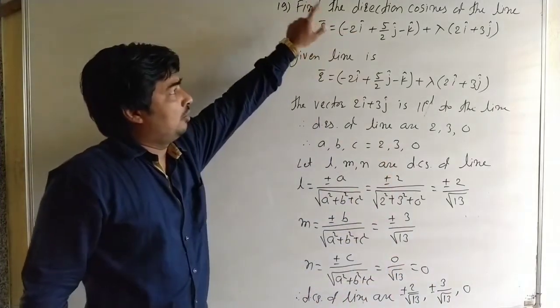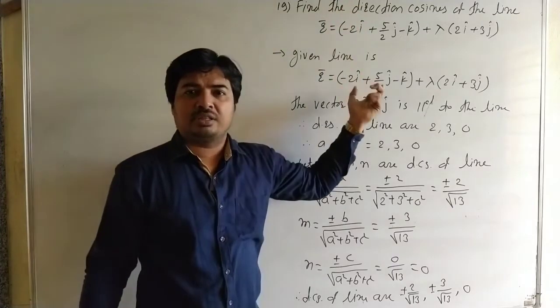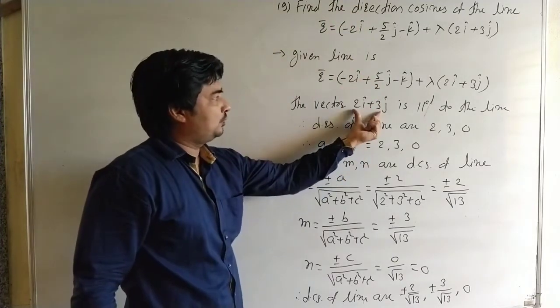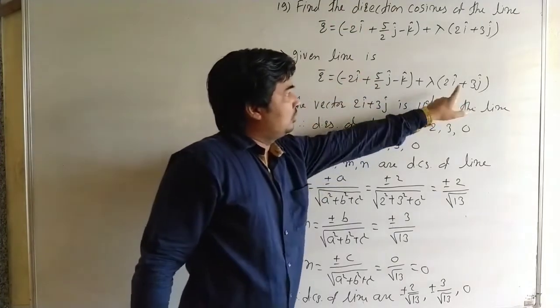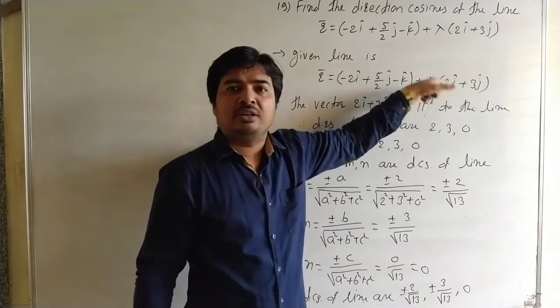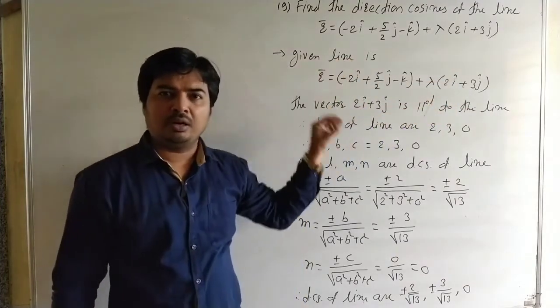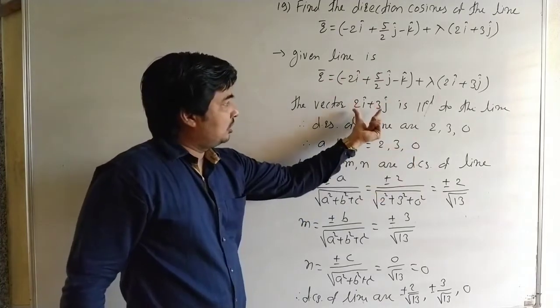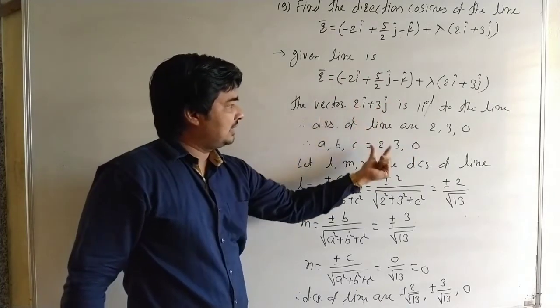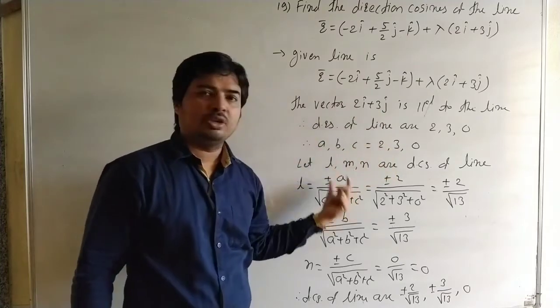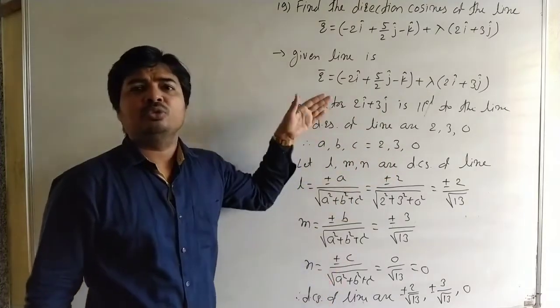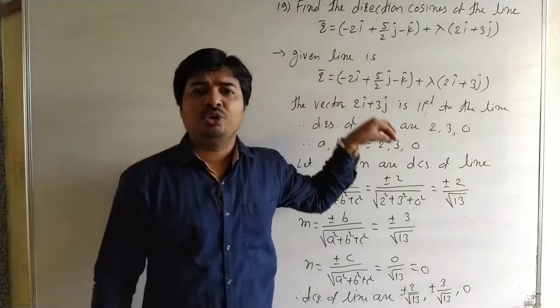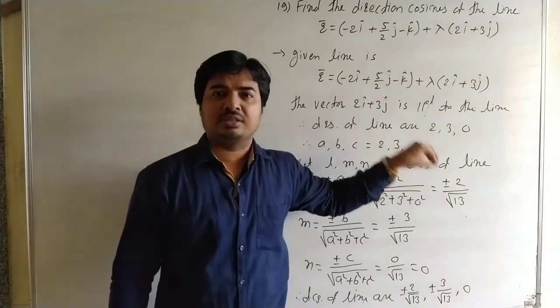Now here we found the direction cosines by using the direction ratios. Here this vector is parallel to the line, and the components of the parallel vector are the direction ratios of the line, and from the direction ratios we can find direction cosines. Also, we know that the components of the unit vector are the direction cosines.